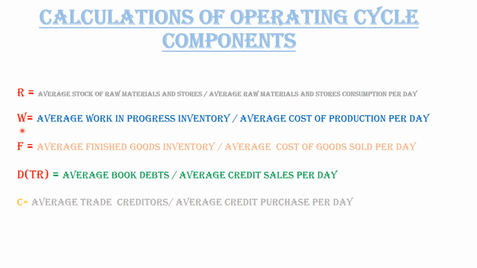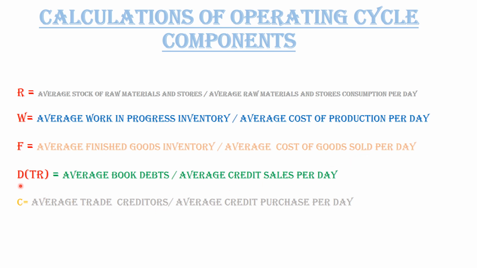Second one, W, work in progress conversion period, that is equal to average work in progress stock or inventory divided by average cost of production per day. And next one, F stands for finished goods conversion period, that is equal to average finished goods inventory or stock divided by average cost of goods sold per day.